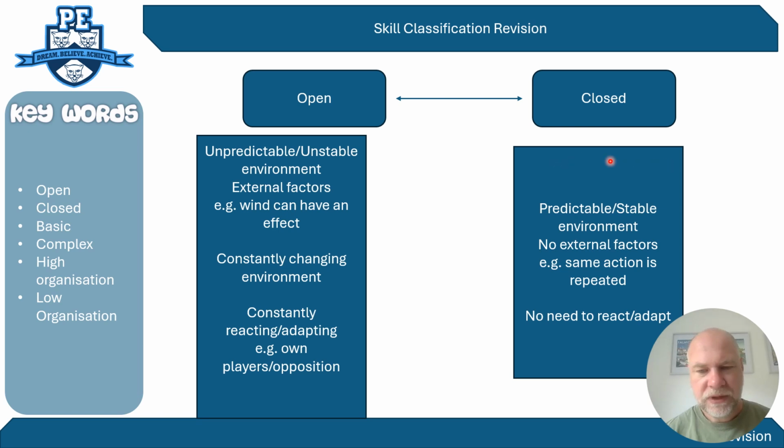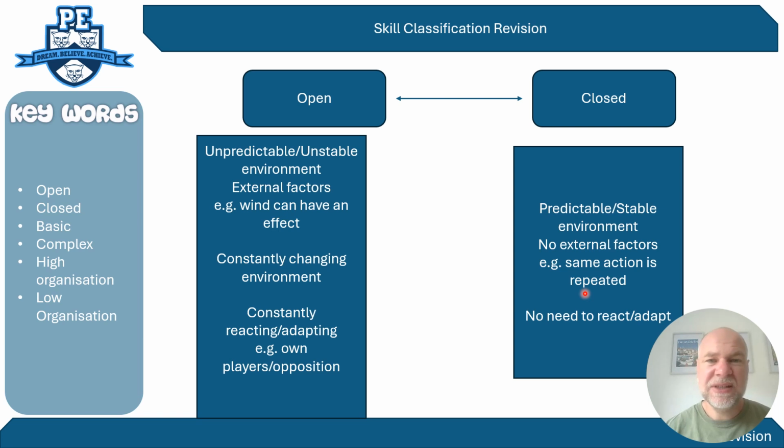A closed skill, remember we're looking at skills, not sports, is where the environment is stable and quite predictable. So it's the same thing over and over again. They don't really have many external factors, so the action is repeated over and over again.